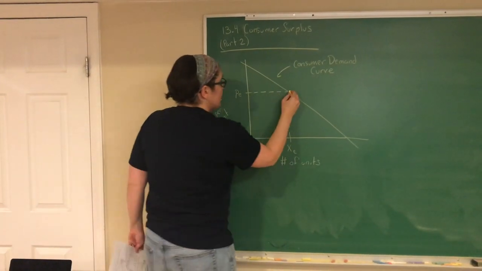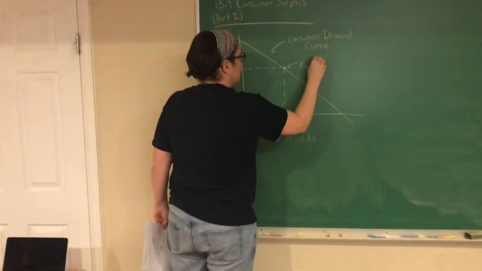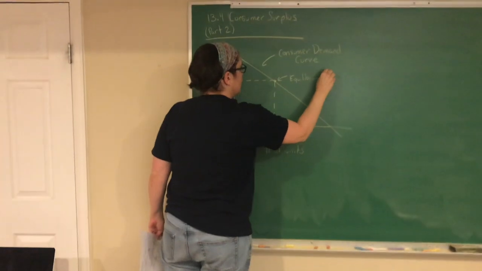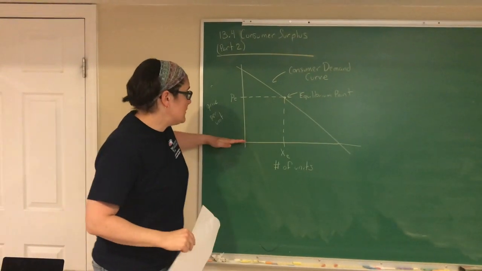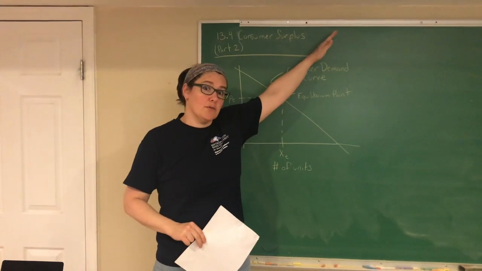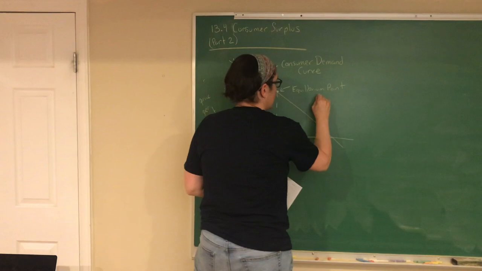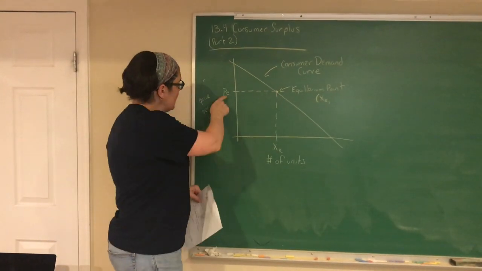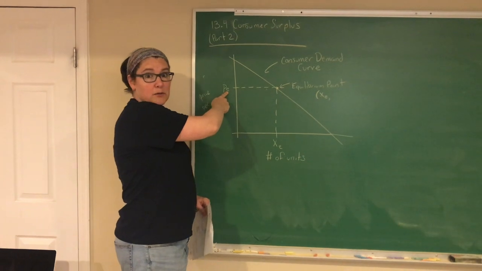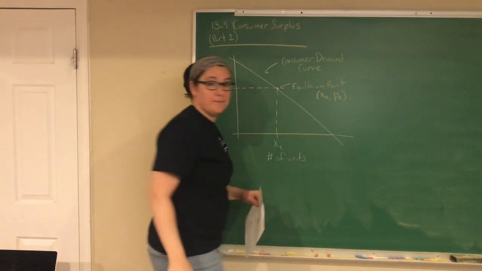So let's say that we know what our equilibrium point is. That equilibrium point we get if you imagine the supply curve coming through here as well. That equilibrium point has an x value that we'll call x subscript e for equilibrium. And then the y value is our equilibrium price, so we call that p subscript e.